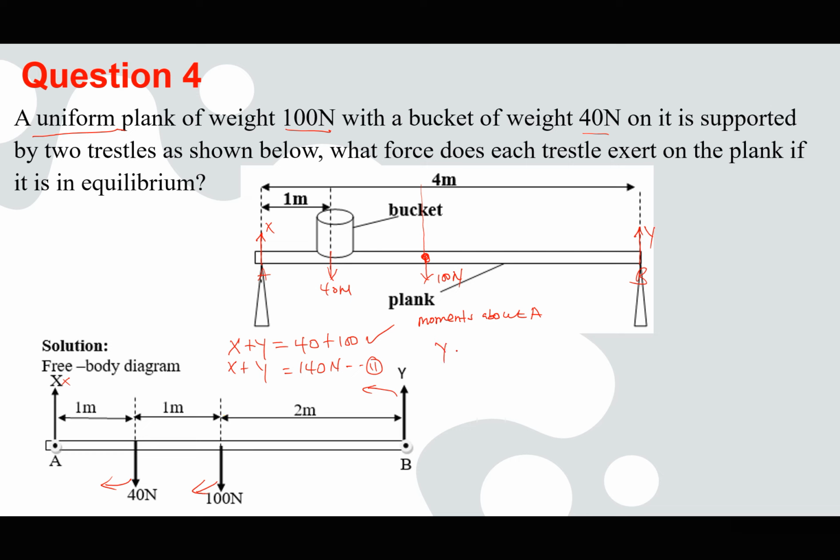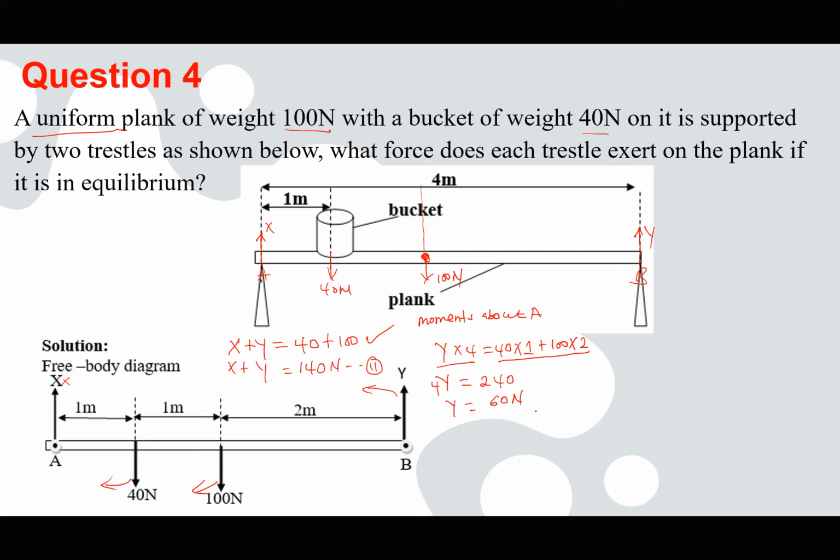So I will say Y times the perpendicular distance, which is 4 meters, should be equal to 40 times 1 plus 100 times 2. So the sum of anticlockwise moments should be equal to the sum of clockwise moments. So 4Y is going to be equal to 240. That is 40 plus 200. So Y is going to be equal to 60 newtons.